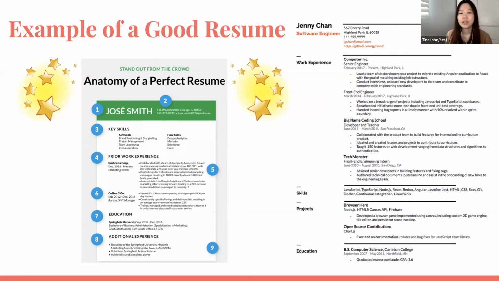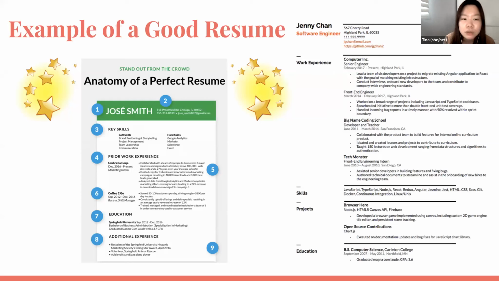Three, you can list your skills that would apply to the job role that you're applying for. And then four, writing your work experiences. It could be current or past, and of course, make sure to include the job title, the dates that you worked, from this to this time frame, and the job role, with bullet points.